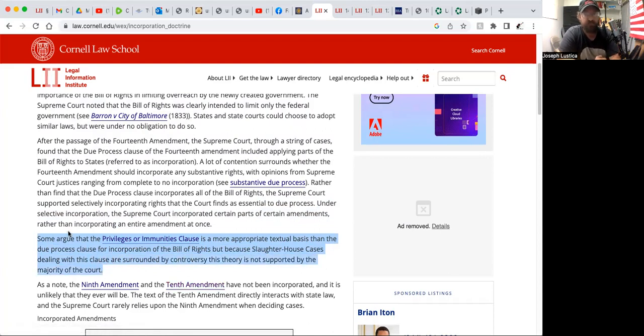Okay, so the Slaughterhouse Cases, just to put it plainly, was basically trying to stop a monopoly. People were told that they could not slaughter their own pigs, animals on their property, that they had to go and pay someone else to do it, which is a violation of the 13th Amendment.